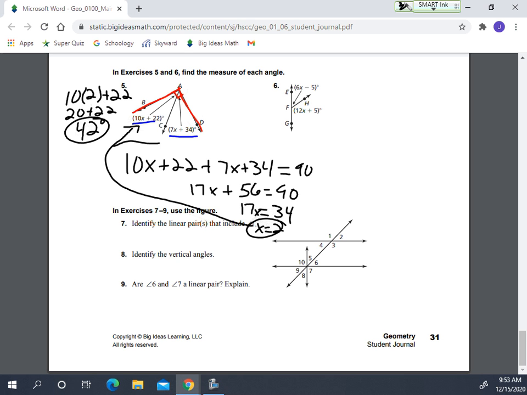And we have to plug it in here. We have 7 times 2 plus 34. We have 14 plus 34. We end up with 48 degrees. Okay, so multi-step problem.